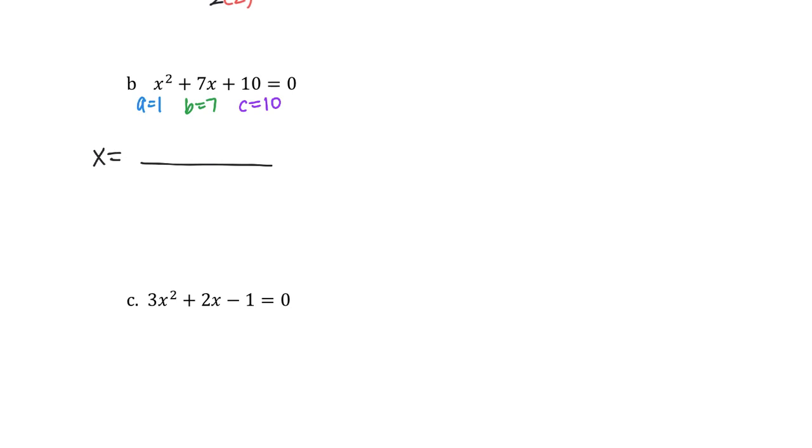So the first thing is x equals negative b plus or minus the square root of b squared minus 4ac all over 2a. Okay, and then I'm going to go ahead and simplify it just like normal.